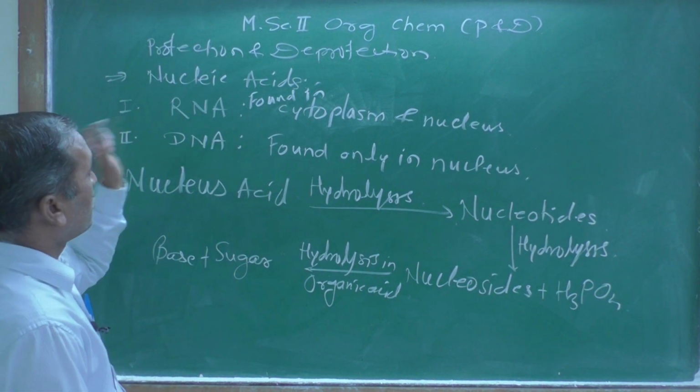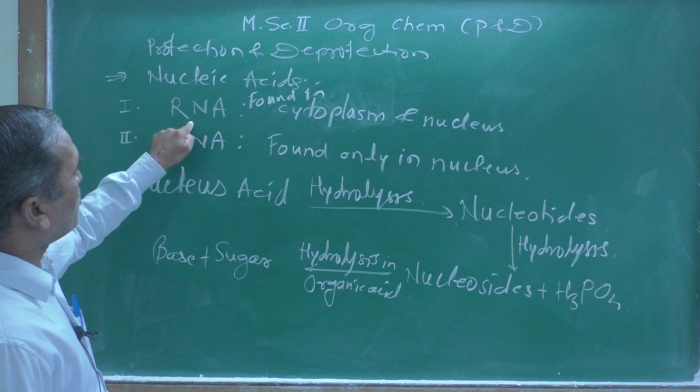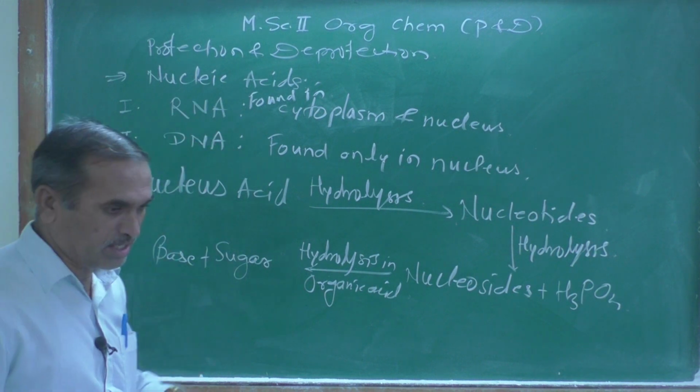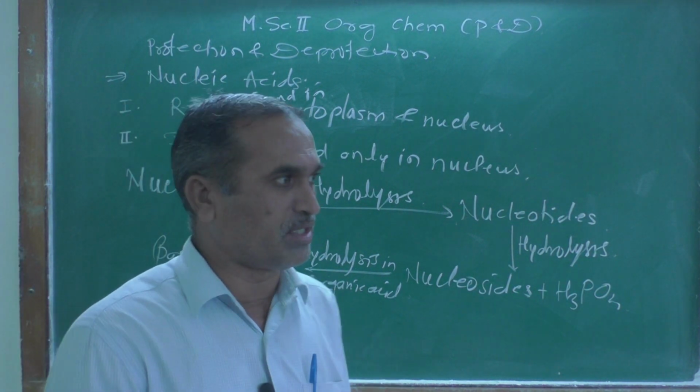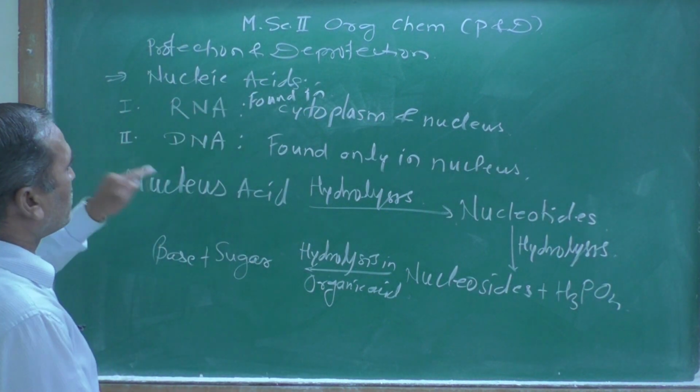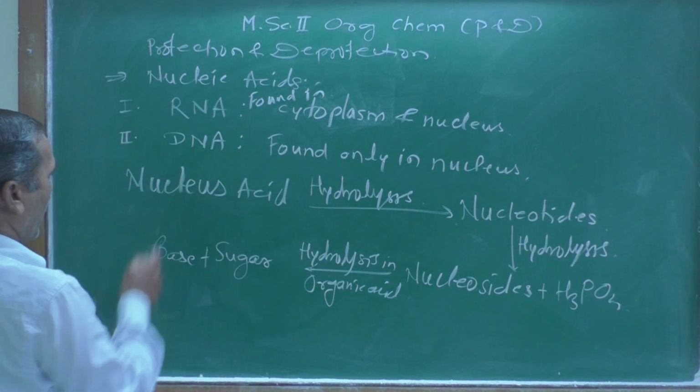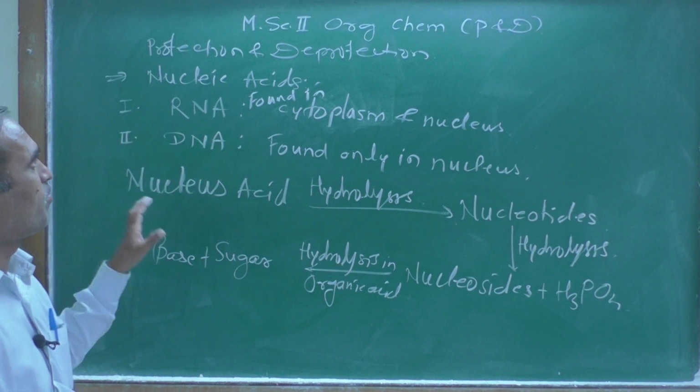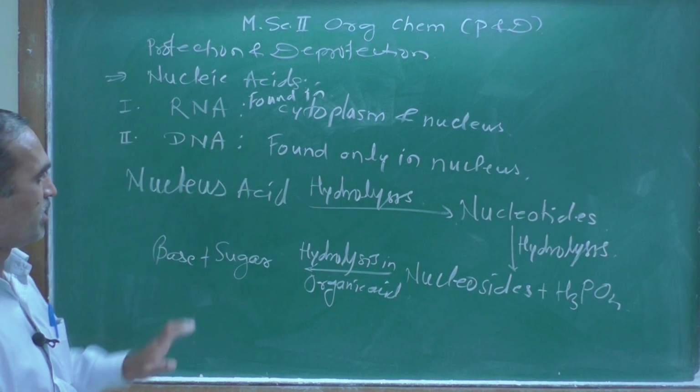RNA means ribonucleic acid, and DNA stands for deoxyribonucleic acid. Those are the full forms of RNA and DNA.